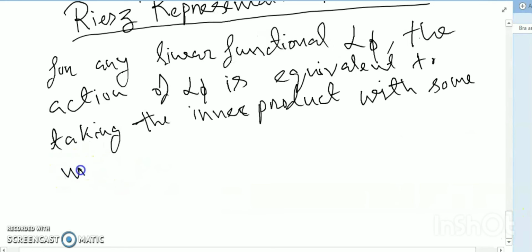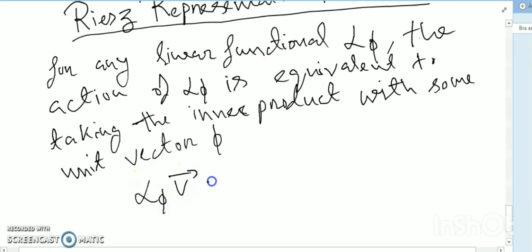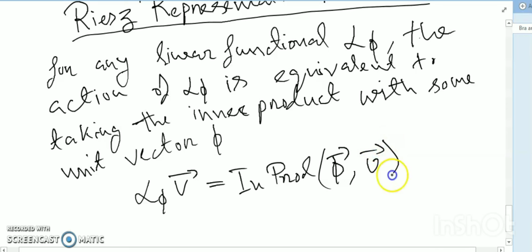So L phi of v equals the inner product phi comma v. Friends, you can get this proof from Google or your textbook. I just want to discuss the Riesz representation theorem.